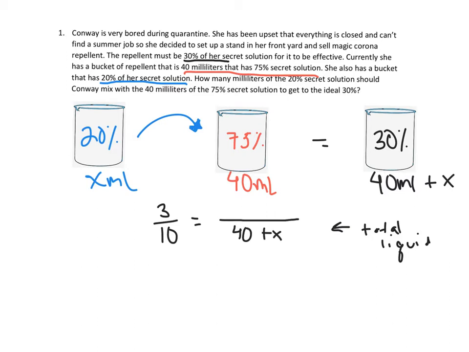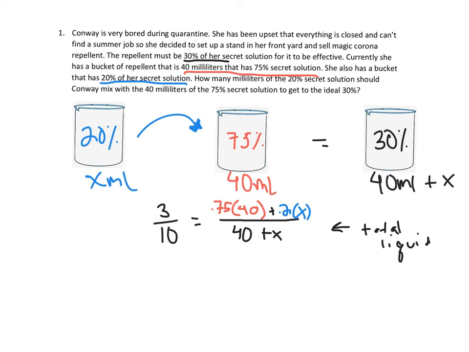Our numerator is going to be the amount of the secret formula. So in our 75%, we can find the total amount of that is 0.75 times 40. And then from our 20% bucket, it would be 0.2 times X, the number of milliliters we'd be adding into this.